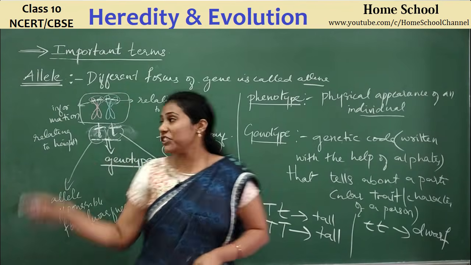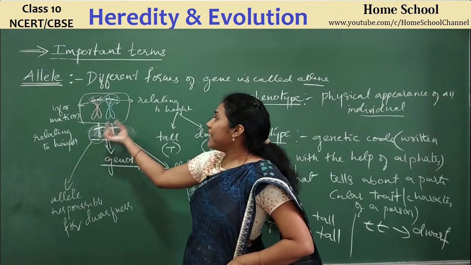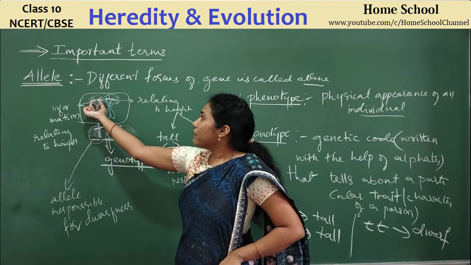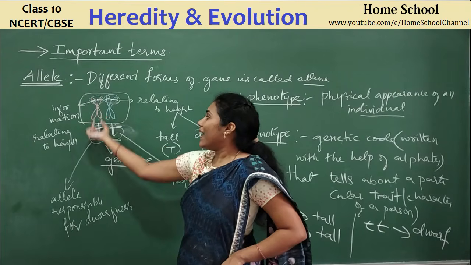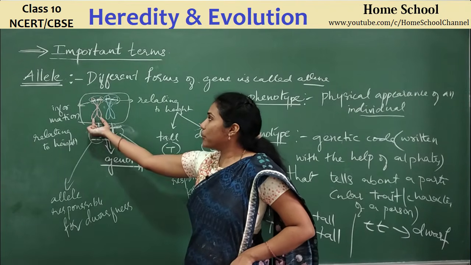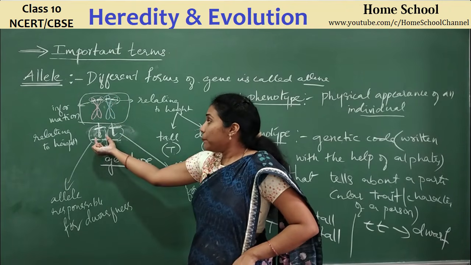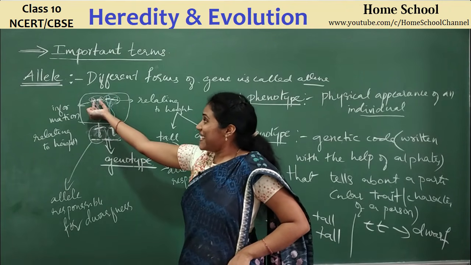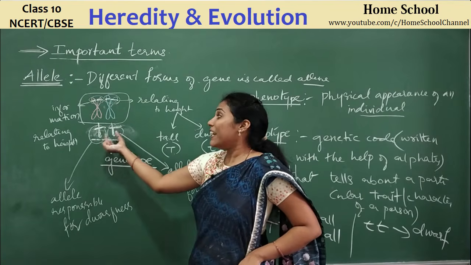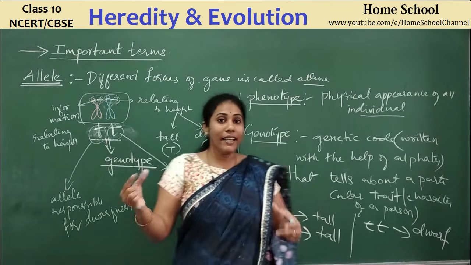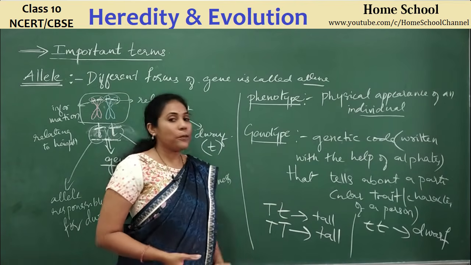This is the way of representing genetic information. I am telling people what height character you have, tall or dwarf, in this chromosome. Similarly, in this chromosome, you are telling people about the genes present in a chromosome with the help of alphabets. That is what we call genotype.